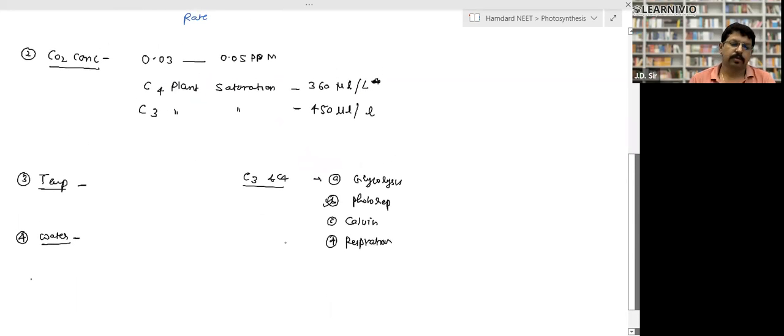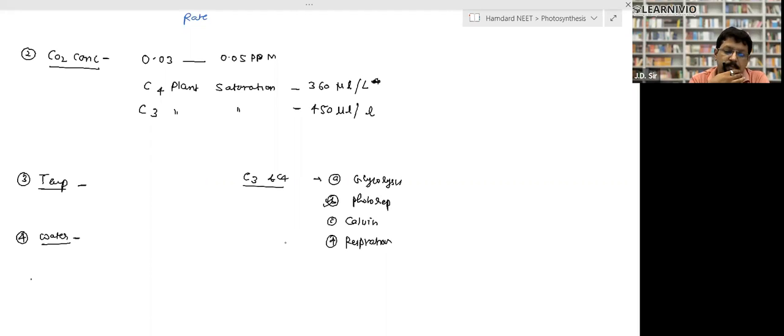The normal concentration of carbon dioxide in the atmosphere, where we live, is 0.03 to 0.05 ppm. In polluted cities or polluted areas it may be beyond that, or in purer areas it may be below that. But this is the general 0.03 to 0.05 ppm.